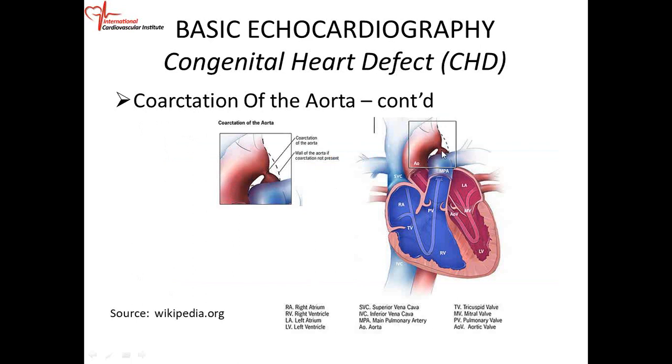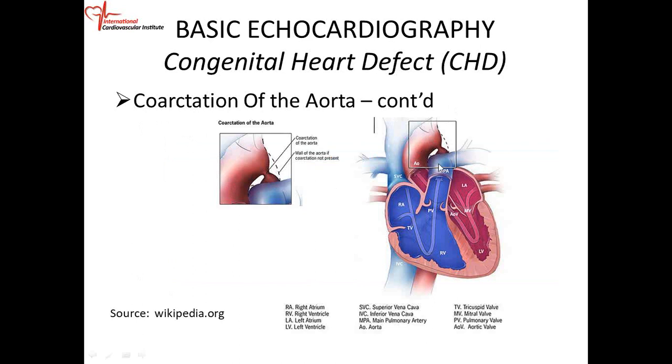So this would be like a postductal. If the left subclavian was right there, then it would be a ductal. So just imagine the aorta comes up and then it narrows. At the point of narrowing, you're going to get increased velocity. And with the increase in velocity, you can calculate the increased gradient and you can determine the degree of obstruction right there.